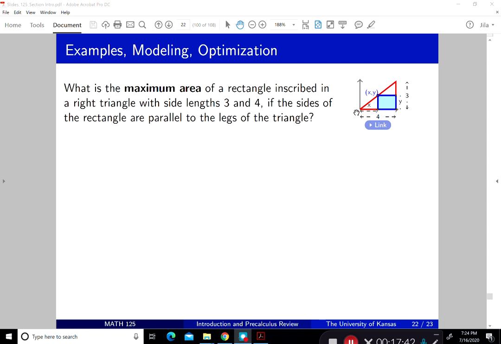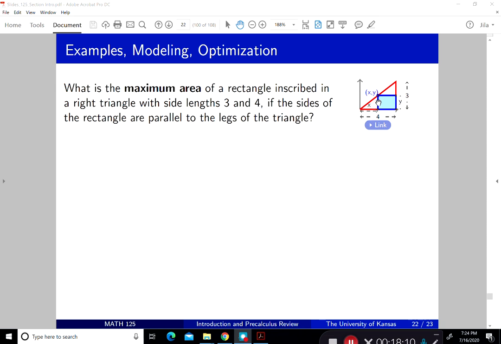It turns out that calculation-wise, this one's a little easier, and I recommend trying to consider this side to be x instead of this little length to be x, and see how the calculation becomes a little more algebraically complex if you switch the x.